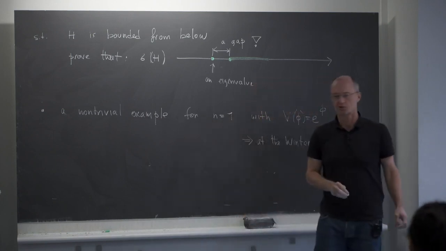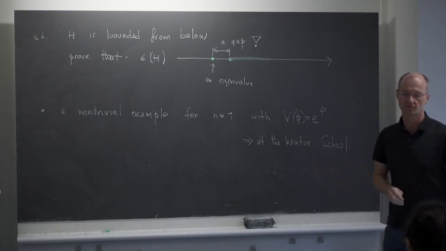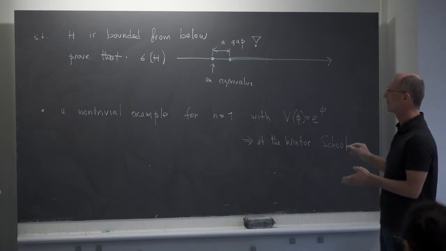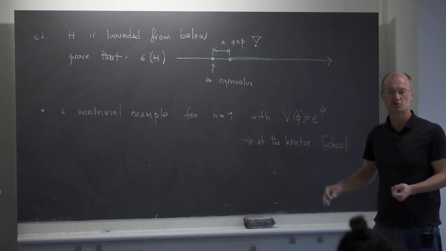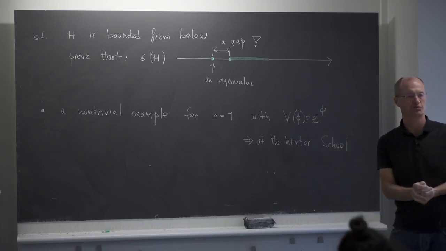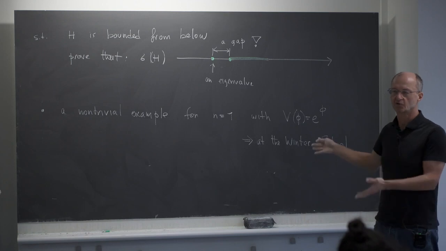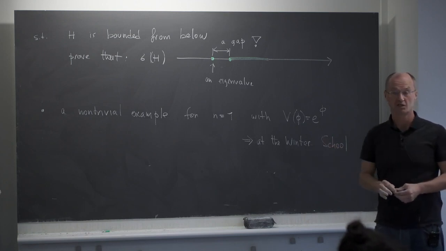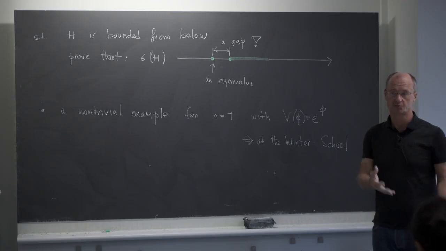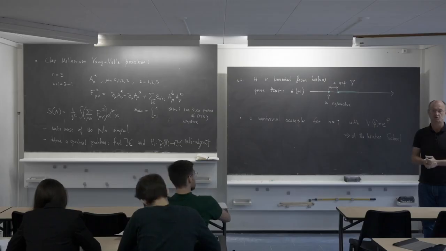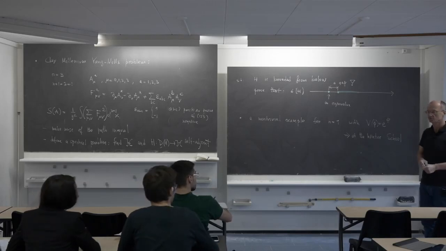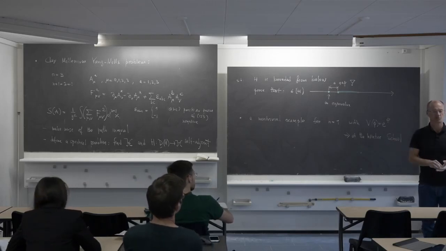This will be one of the mini courses at the winter school, or actually even two, but one of them will be a probabilistic approach, a little bit similar, but of course a lot more advanced, as we outlined today. And then the other one will be a very algebraic approach, or differential equations approach. So actually two mini courses at the winter school will be about some example of a two-dimensional quantum field theory and how to make sense of it, and how to make sense of its path integral.